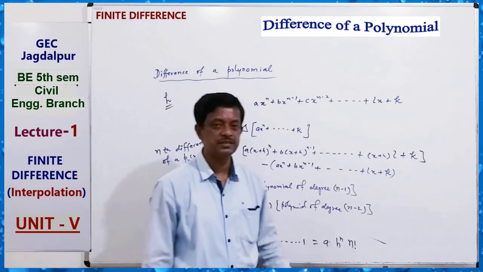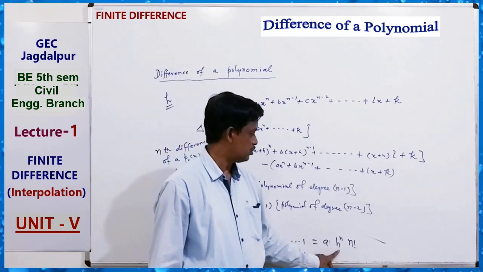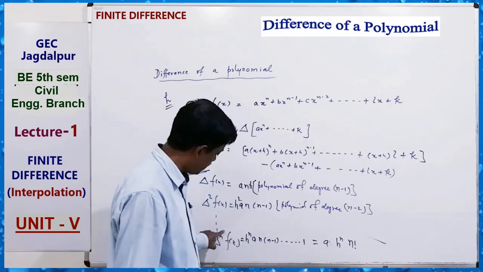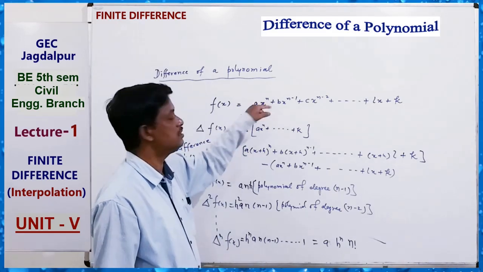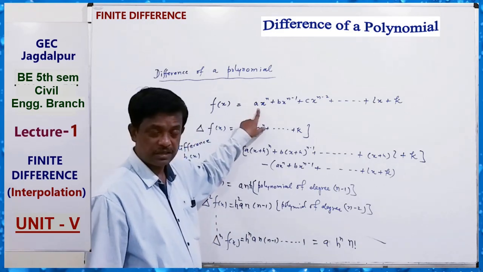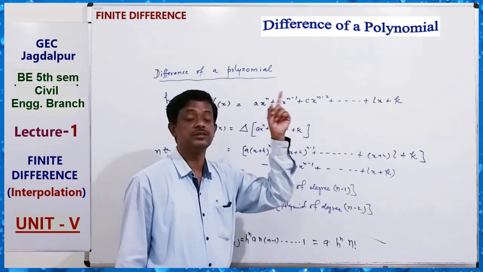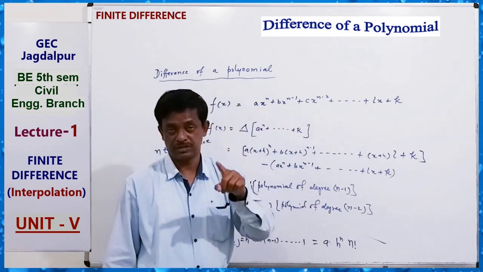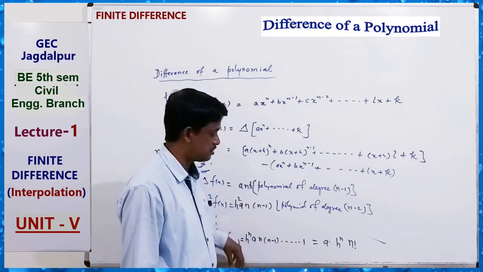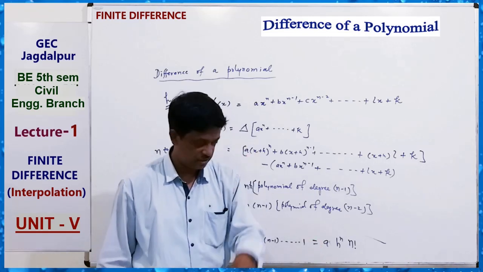This constant means no terms related to x. a h to the power n factorial is a constant. So the nth order difference of an nth degree polynomial is always constant. Nth order difference of a polynomial of nth degree is constant.